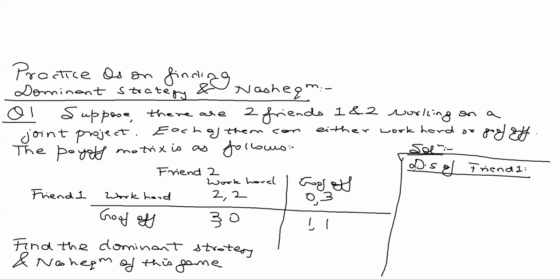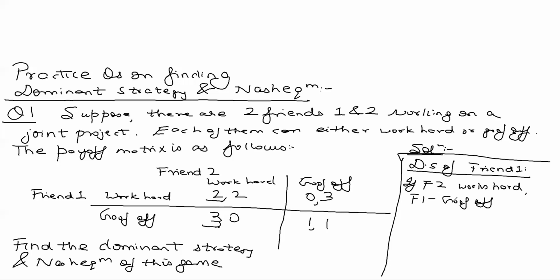So let us see what friend 1 will do in response to friend 2. So if friend 2 works hard, what will friend 1 do? If friend 2 works hard, friend 1 will goof off because 3 is more than 2. Friend 1 will goof off.